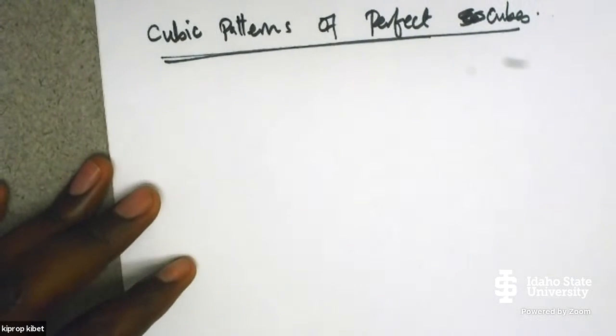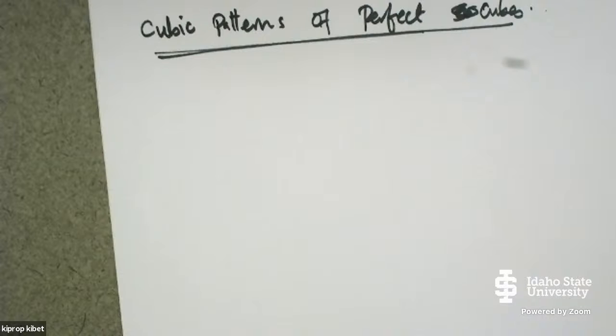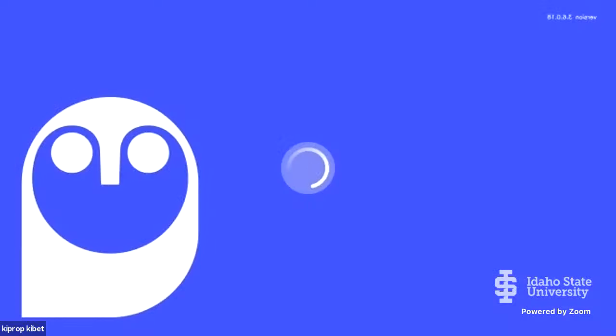Is it clear? Okay, so what did we say about the patterns? So what did we say about the cubic patterns?